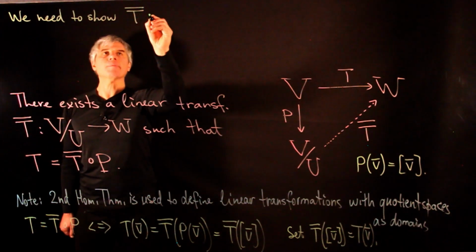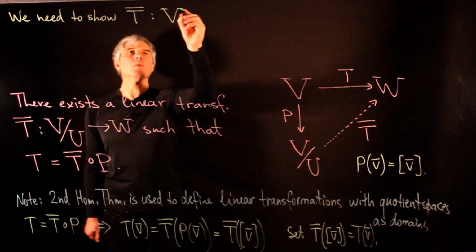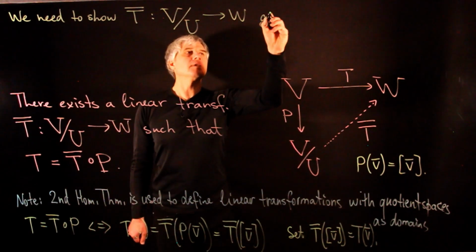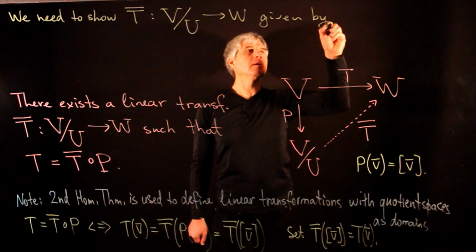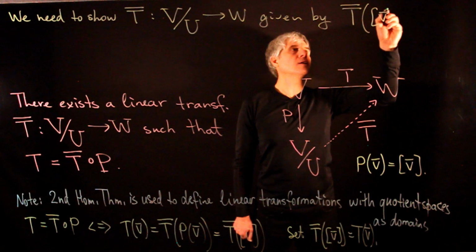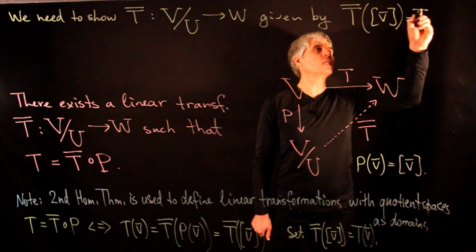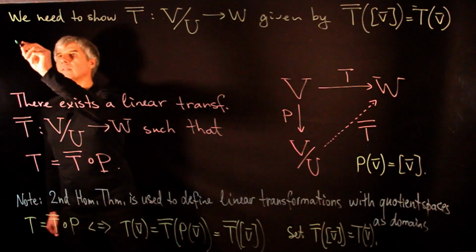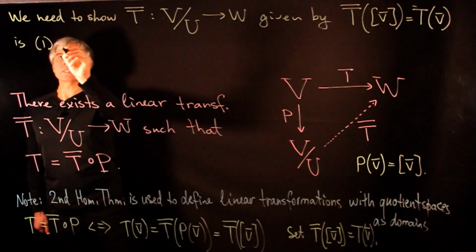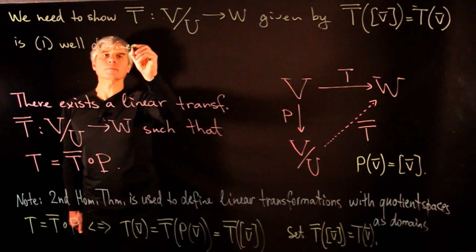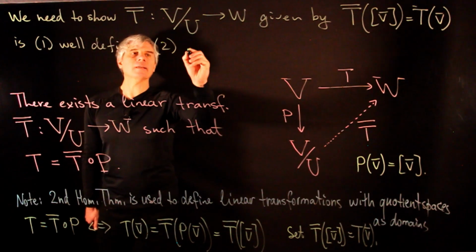that the map T bar from V quotient by U to W, given by the formula T bar of the class of V is equal to T of V, is, first of all, well defined, and secondly is linear.